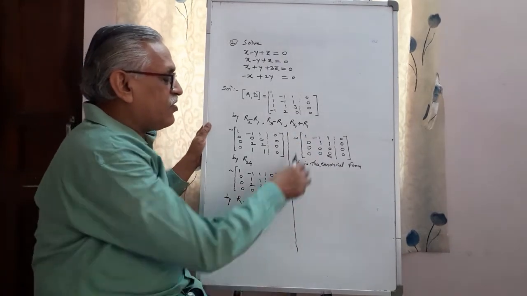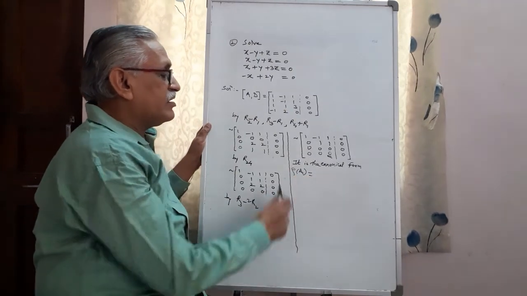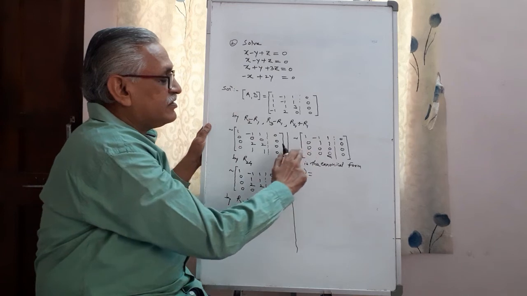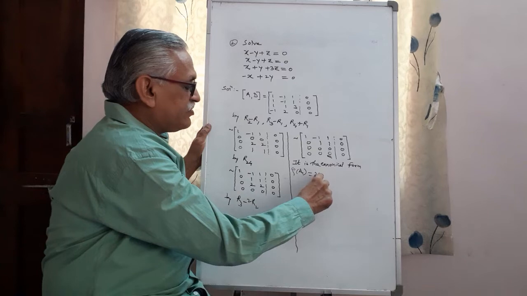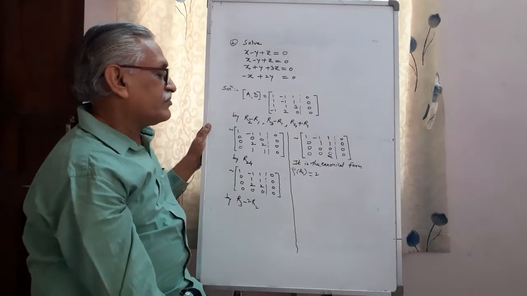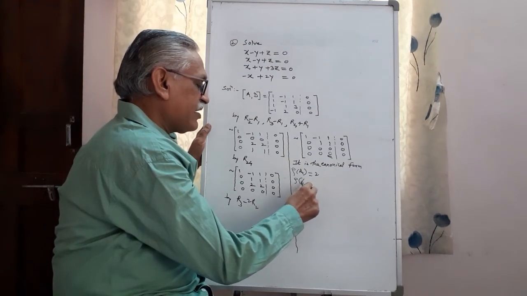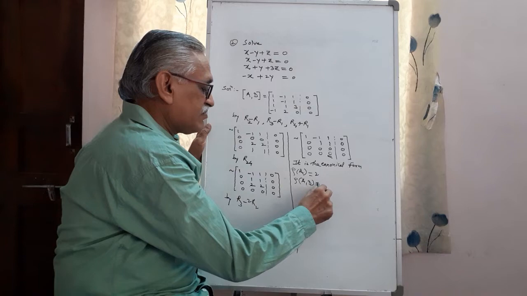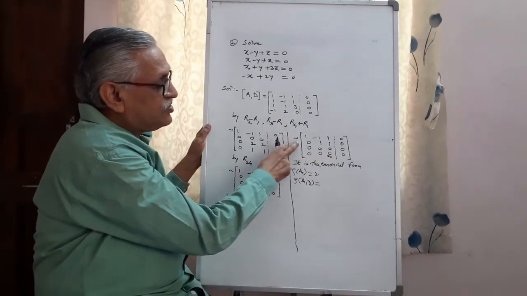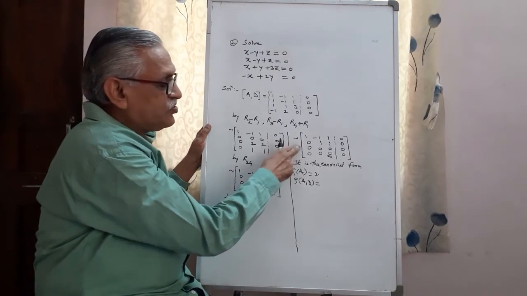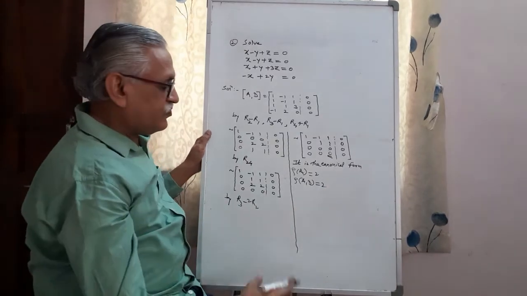After getting the canonical form, we find the rank of A, the number of non-zero rows. First is non-zero, second also non-zero, therefore rank is here 2. Then we find the rank of the augmented matrix, the complete matrix. First row is a non-zero row, second is also non-zero, the remaining two are 0 rows. Therefore, here also the rank of this matrix is 2.